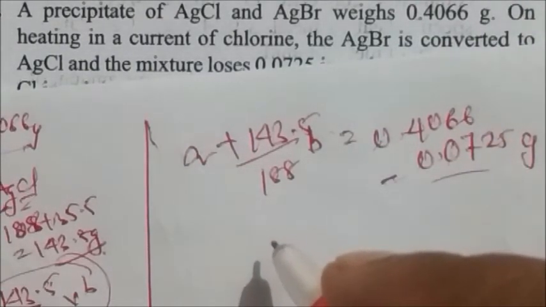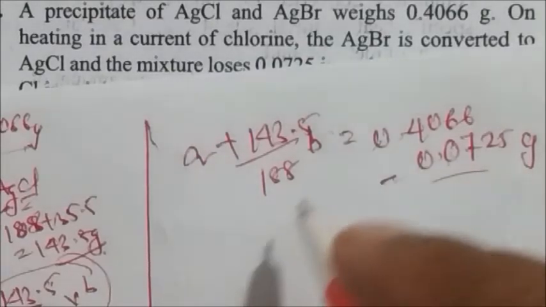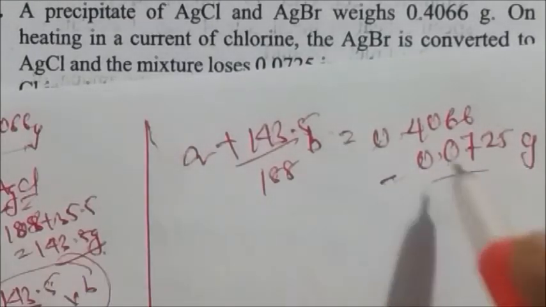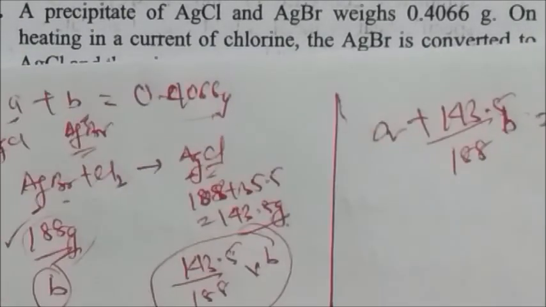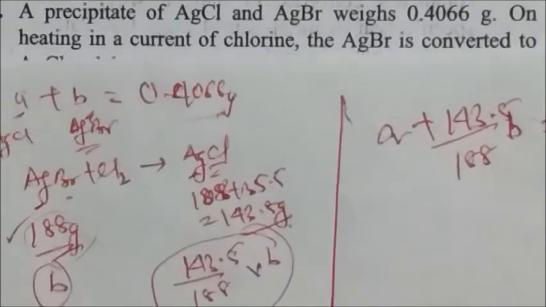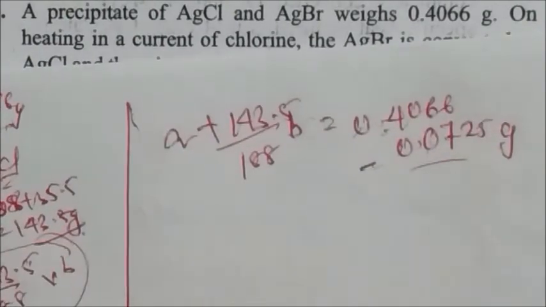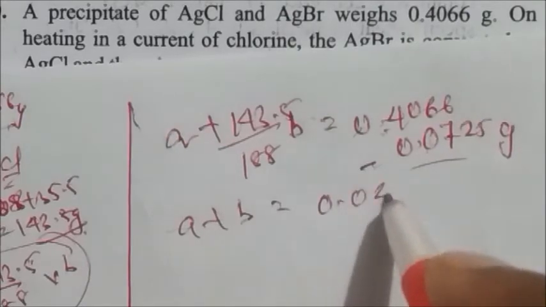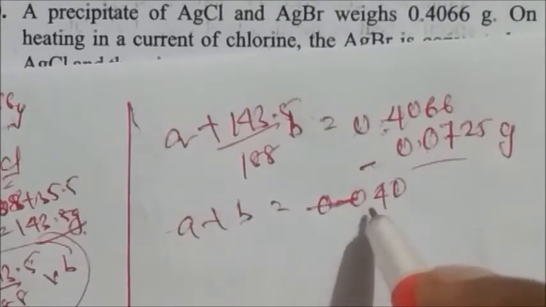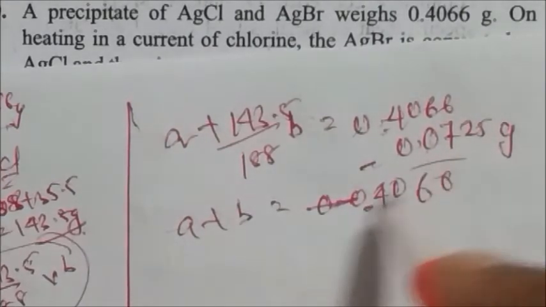So now we have A and B equations. A plus B is equal to 0.4066 gram, this is given.